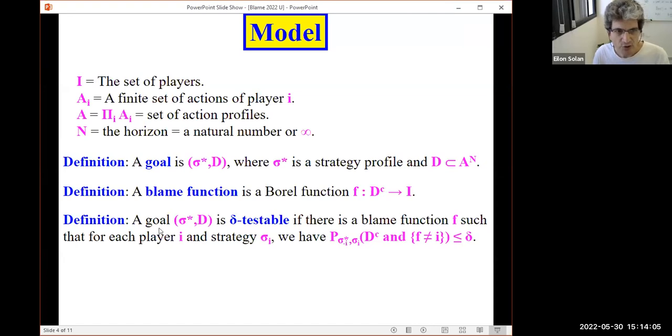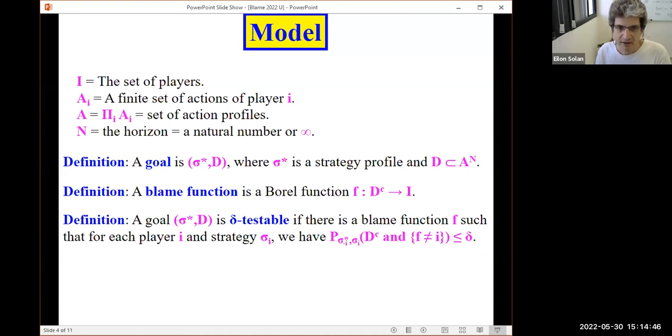So, do you see my cursor? Okay, so the goal is delta testable if for every player i and every strategy of player i, if all other players follow sigma star, their pre-designed procedure, and only player i deviated to sigma_i, then the probability that we did not reach our target set... If we reached our target set, we do not care whether you deviated or not.